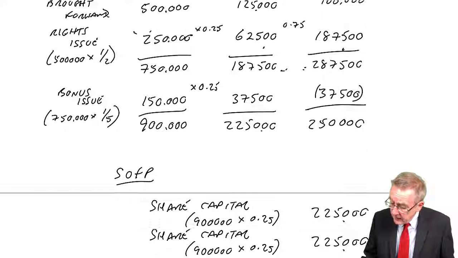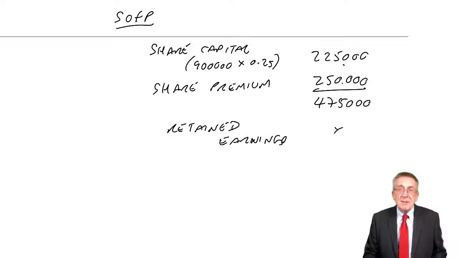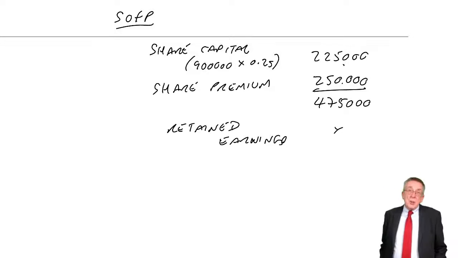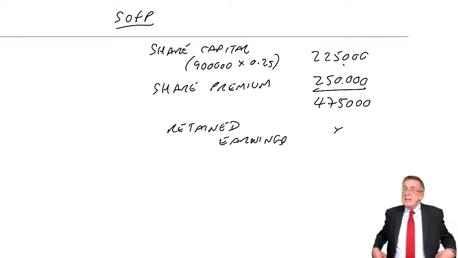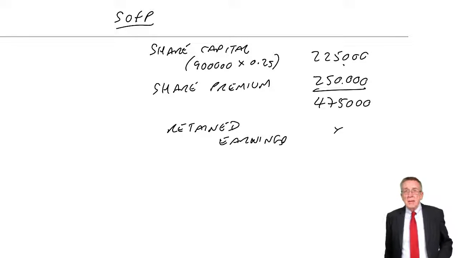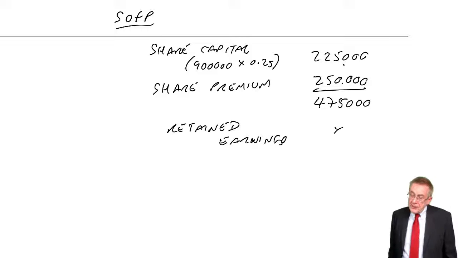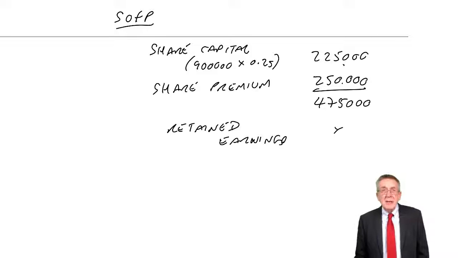A lot of people get upset about why on earth do they give free shares? Well, I'll tell you quickly, although it's not your problem for this exam, it's later exams where we can say a lot more about the reasoning. One reason is effectively to try and get rid of share premium.